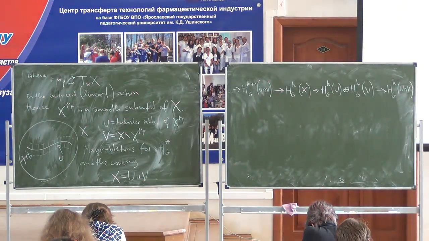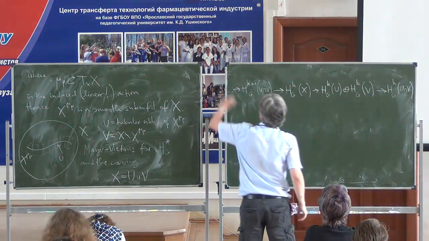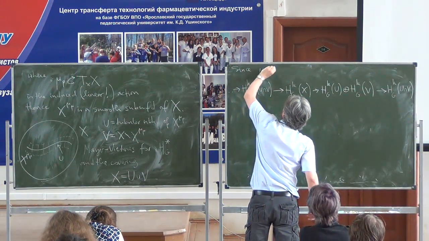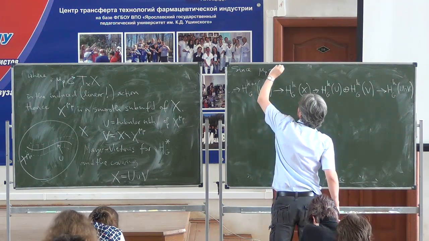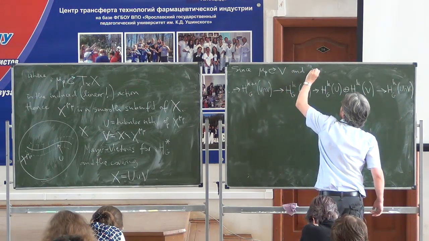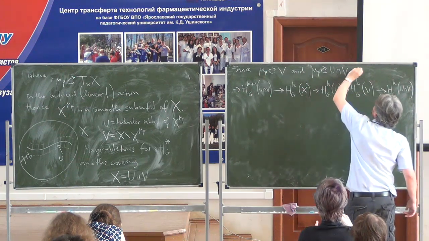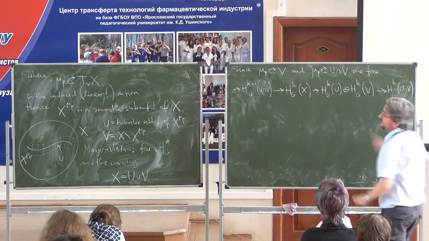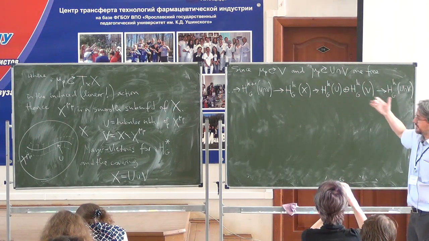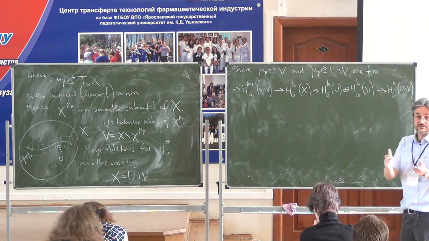Now, the key point is that the action on both V and on U intersected with V are free. Okay, these actions are free, I insist, because μ_p doesn't have any non-trivial subgroup except the identity.